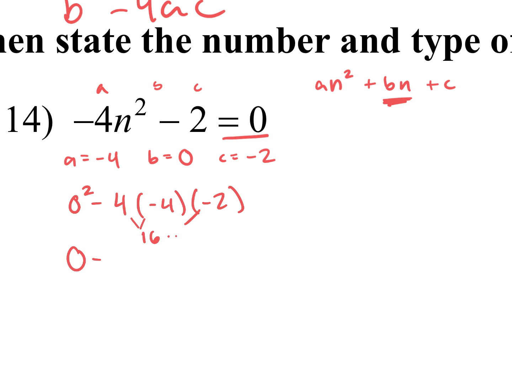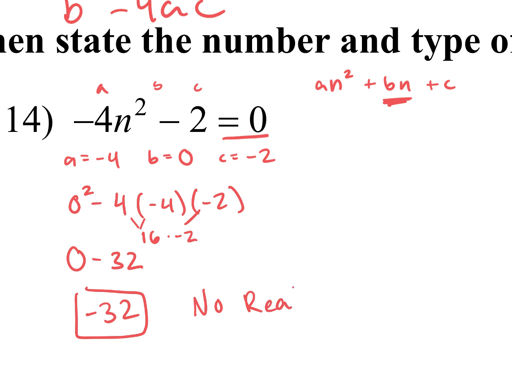And then positive 16 times -2? -32. So 0 minus 32 is just -32. So that's the discriminant. How many solutions do we have here? No real solutions. Because it's negative, we have no real solutions.